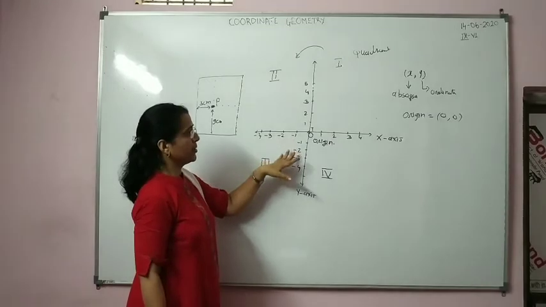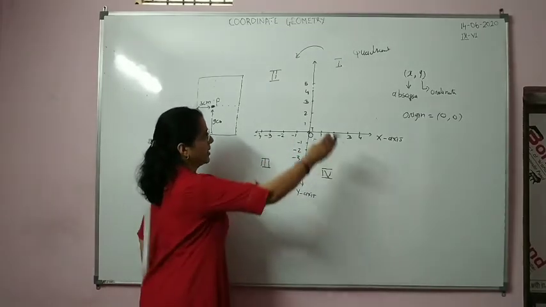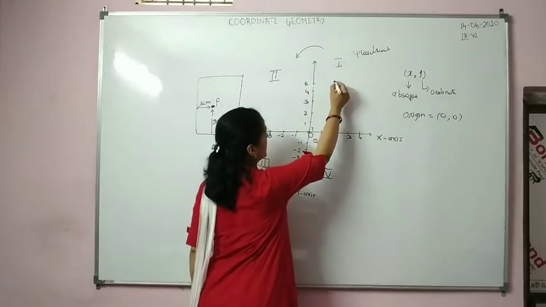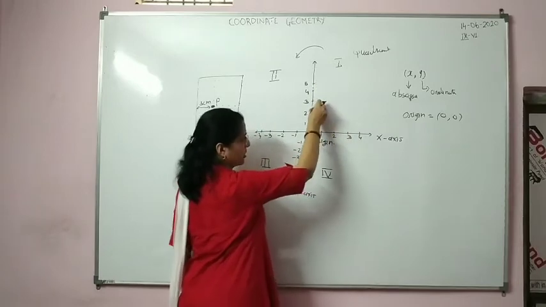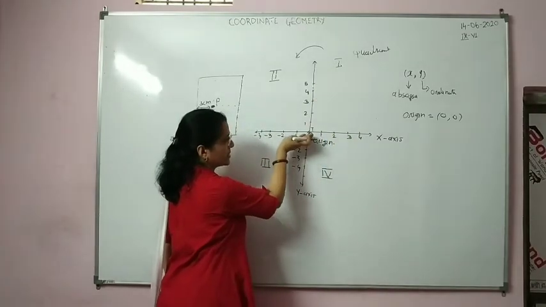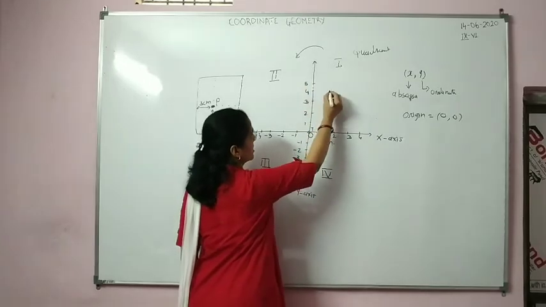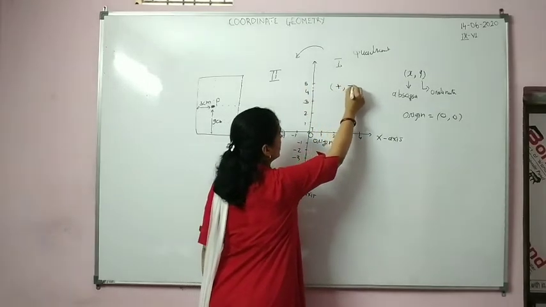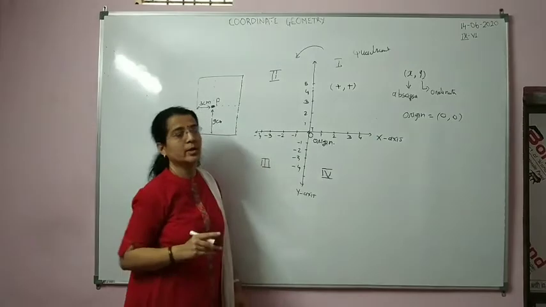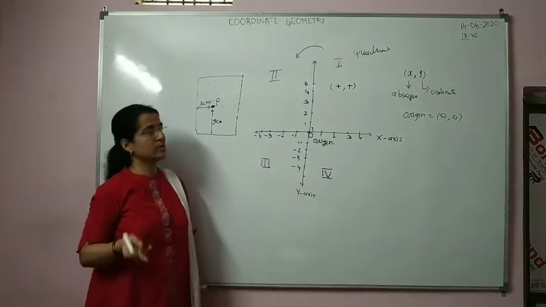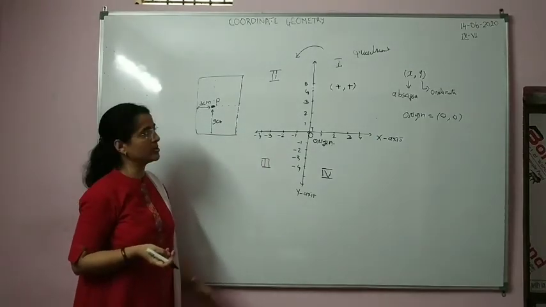As you locate a point in any of the quadrants, if I take any point in this quadrant, you will observe that this is the positive direction of the x-axis and the positive direction of the y-axis. So both coordinates are positive.